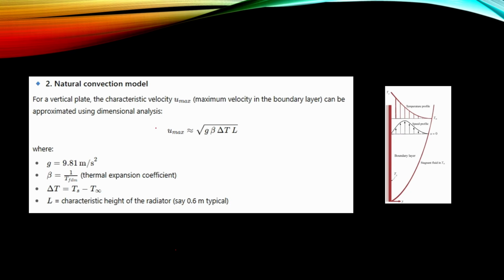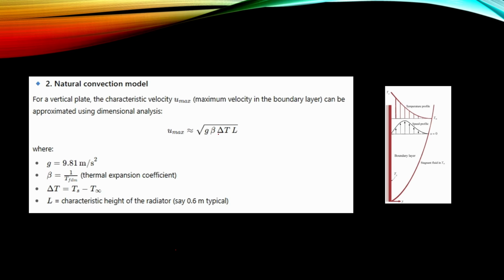When you need to calculate the maximum velocity above this kind of radiator, you can use this function. Here we have the temperature difference, which is the temperature difference between the surface and environment.